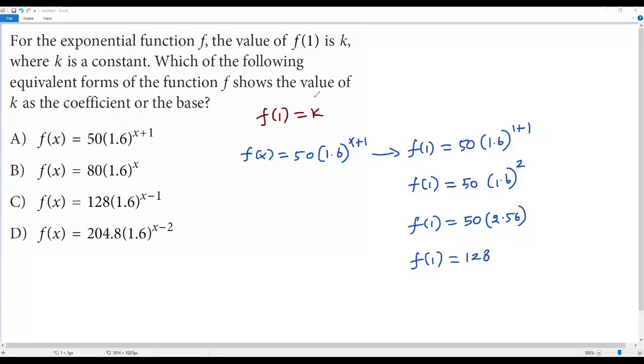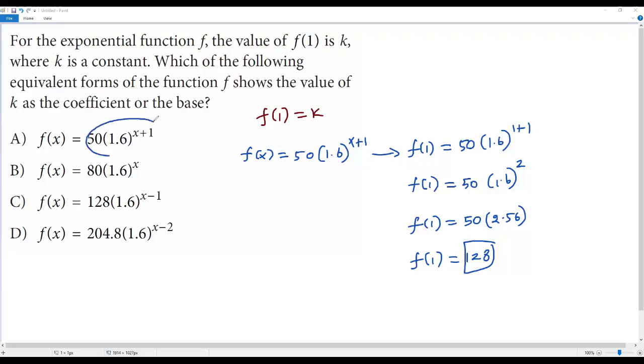So the question says f of 1 equals k. When I plug in x equals 1 into the first option, I'm getting f of 1 equals 128. So the value of k is 128. According to the information in the question, the value of k must be either the coefficient or the base. So look at the function in option A. This 128 must be the coefficient or the base.